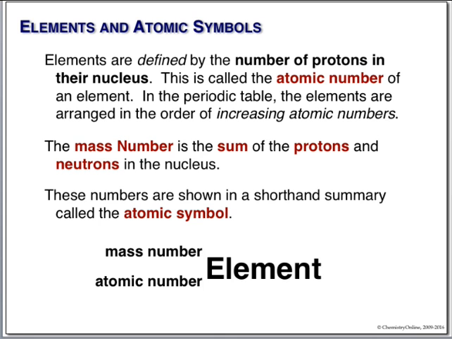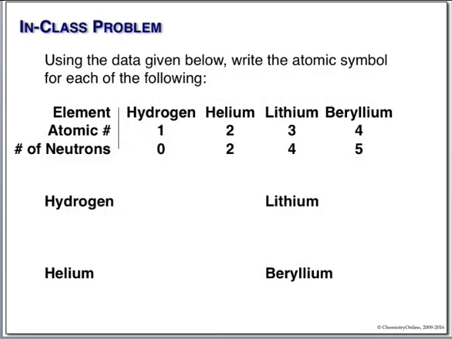So let's just very quickly write some atomic symbols for these guys. Here's a little data table. Number of protons, that's the atomic number. Number of neutrons. What I'd like you to do is to write atomic symbols for all these guys.